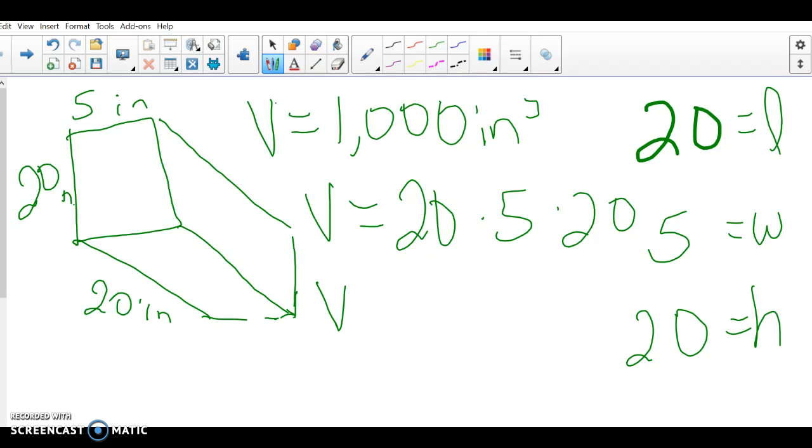And when we do that multiplication, we get 2,000 inches cubed. Again, the same volume as we had previously. By doubling the length, we doubled the volume. So what we learn here is that if you double any one of the dimensions, the volume doubles.